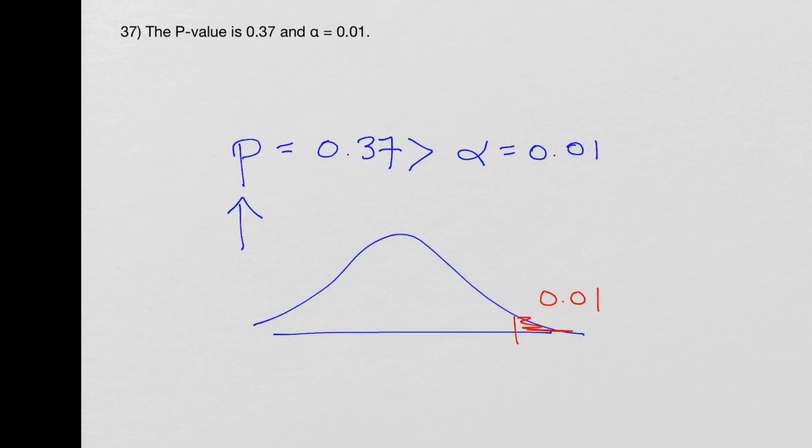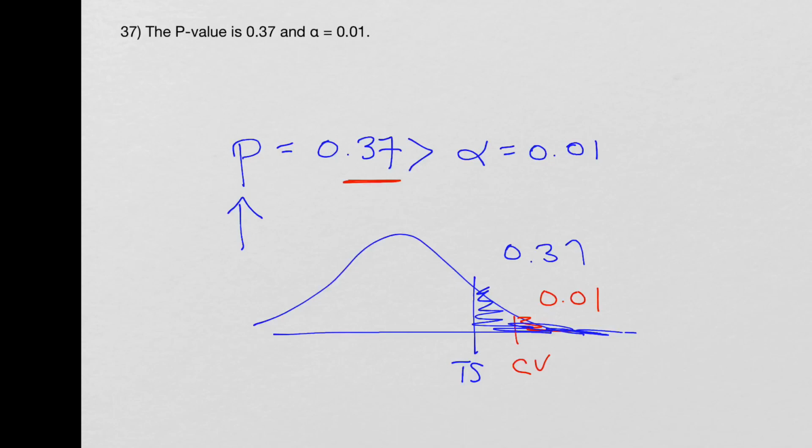And would this area, 0.37, take up more room than the 0.01? Yes, it would. So 0.37 is maybe going to take up this much space because they both go into the tail. So in that case, my test statistic would not be falling in the critical region.